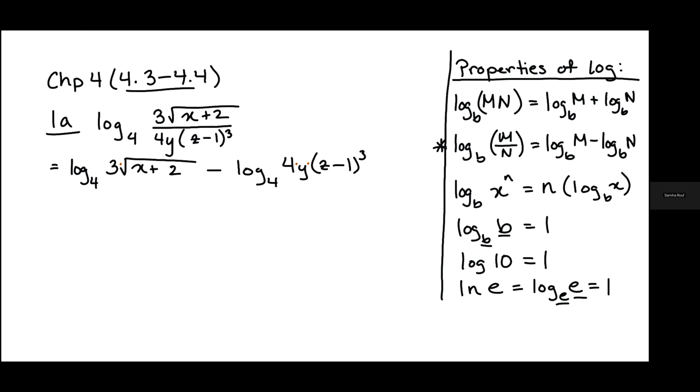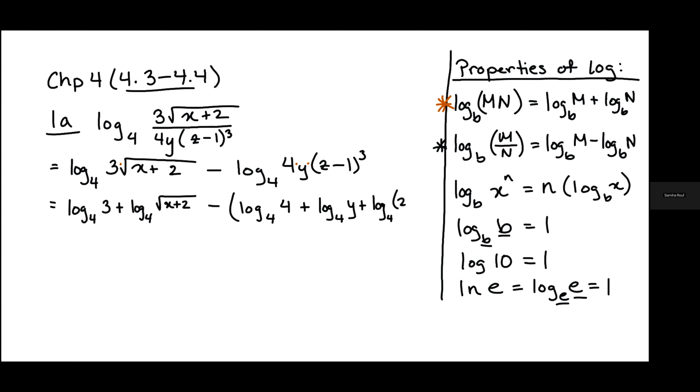So these are all being multiplied, and we know for multiplication, those can be split into addition. Okay, so let's go ahead and split these into addition. So we get log 4 of 3 plus log 4 square root of x plus 2 minus, now anything after the minus sign, I would recommend putting in parentheses. So we get log 4 of 4 plus log 4 of y plus log 4 of z minus 1 cubed.